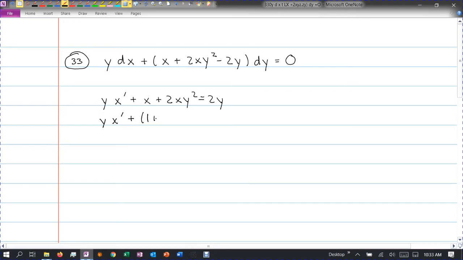So we're left with 1 plus 2y squared x. And then let me divide through by y. And that should be it, dividing everything by y.